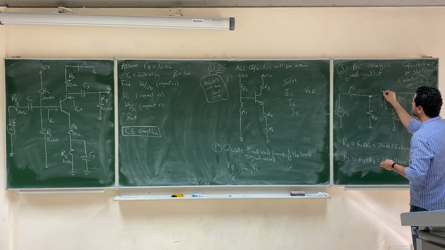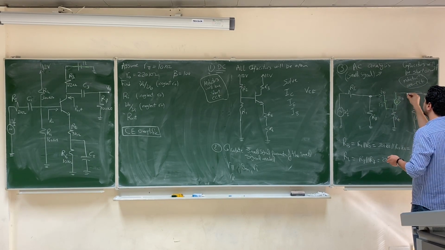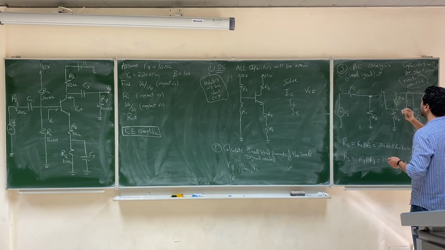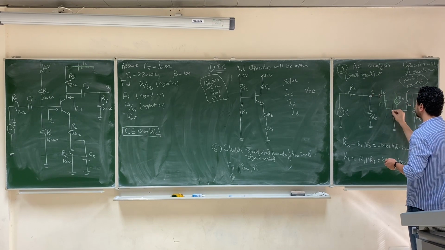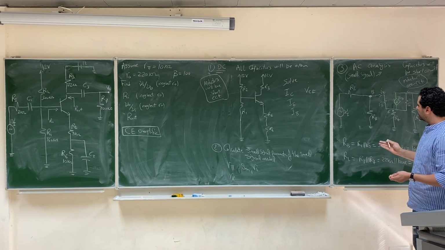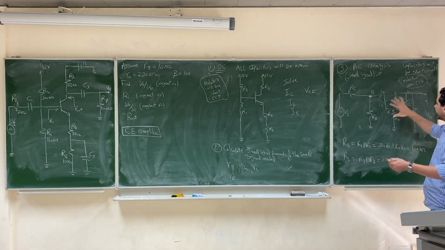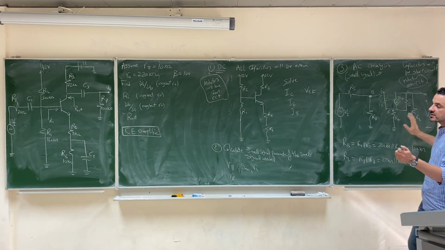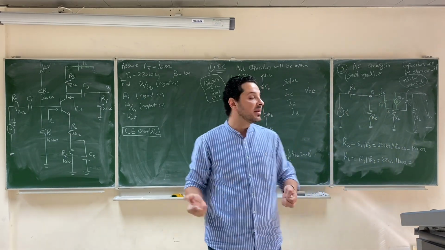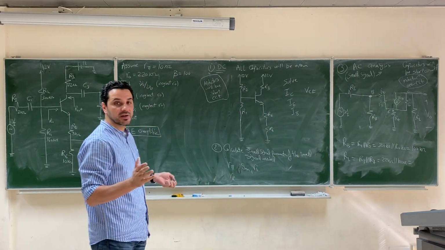If this is I base, then it will be beta I base, in addition to a resistance RO between the collector and the emitter. This is the collector, this is the base, this point is the emitter. So you replace your transistor with the model, and now we have just the circuit that you used to solve in the circuits course. And from this circuit, you will calculate whatever is required from you.